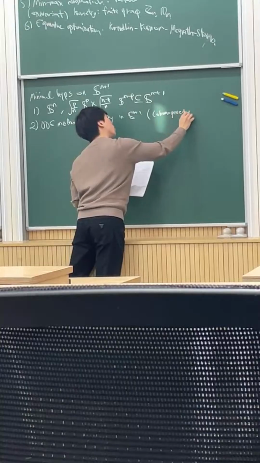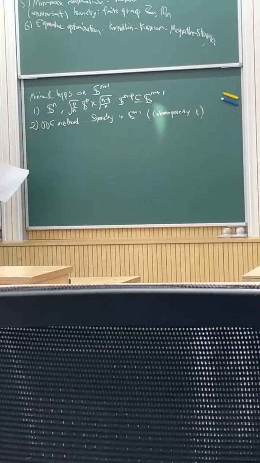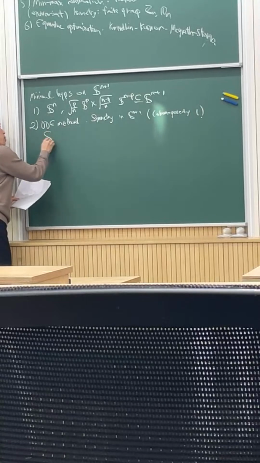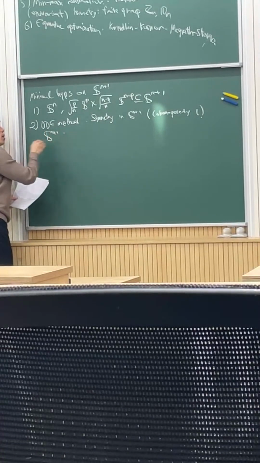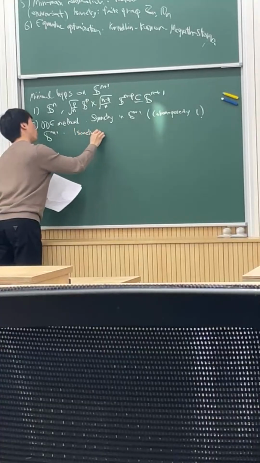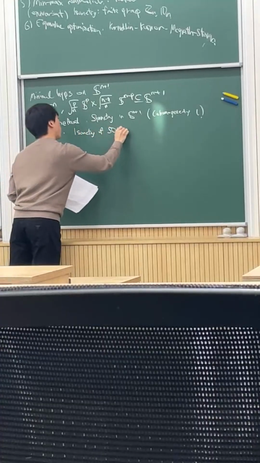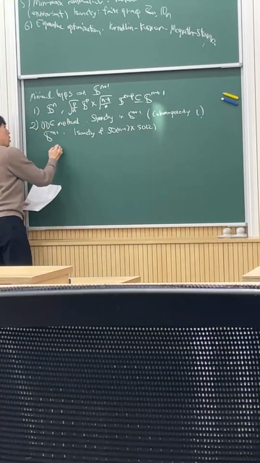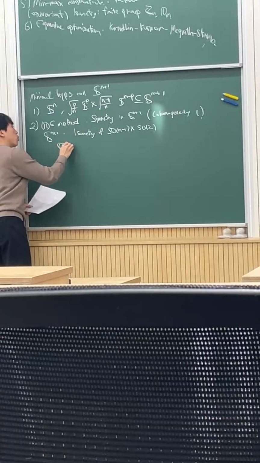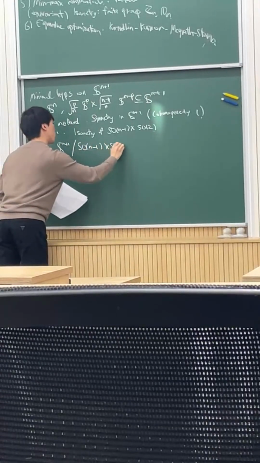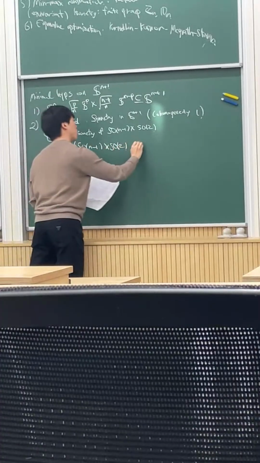The idea is that, for instance, if we have S^{n+1}, then consider the isometry group O(k+1) × O(n-k+1). Then S^{n+1} over this group is an orbit space.